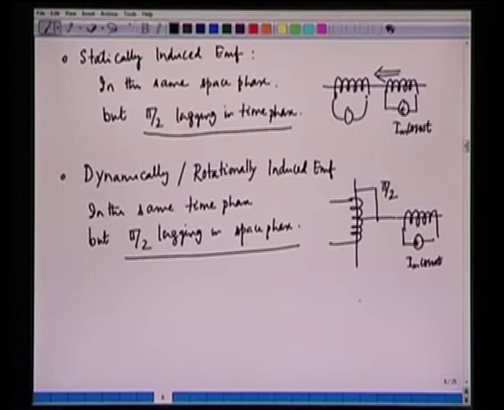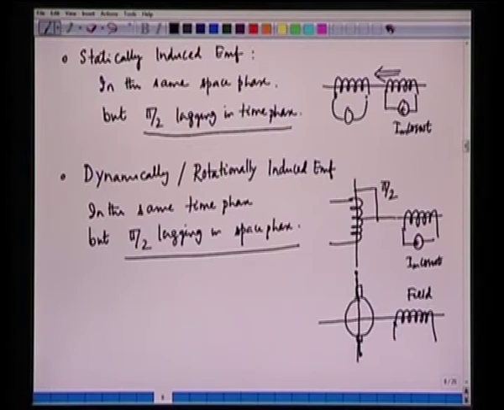So, in a DC machine structure, we have the brush here and we have the field winding here. This is the field winding, and this is my armature. Whenever I have a perpendicular relationship between the two coils, I may have a hypothetical coil here because the brushes are in the q axis.